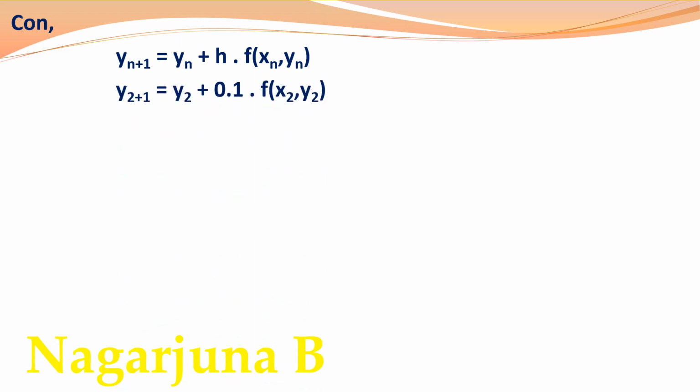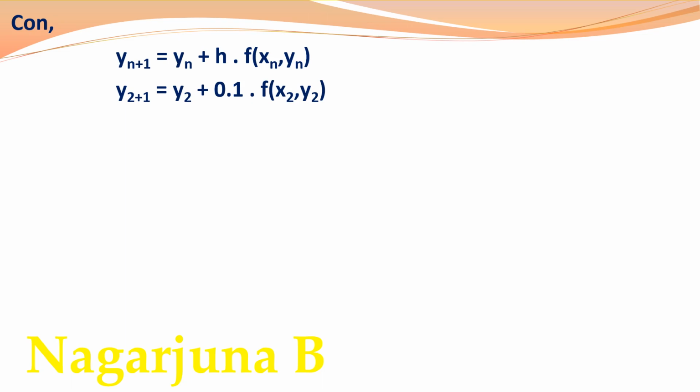For that purpose, consider yn plus 1 is equal to yn plus h into f of xn comma yn. Here, since it is a third step, we need to take the value of n as 2. So it will be y2 plus 1 is equal to y2 plus h, whose value is 0.1, into f of x2 comma y2.